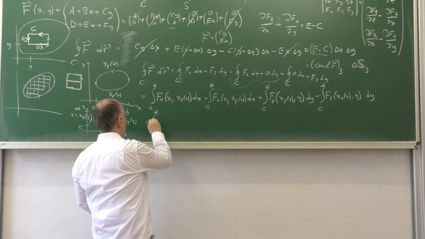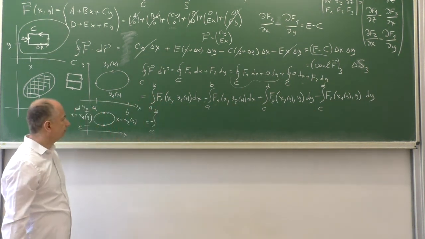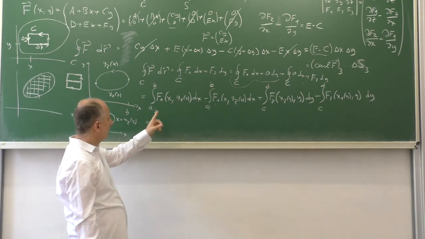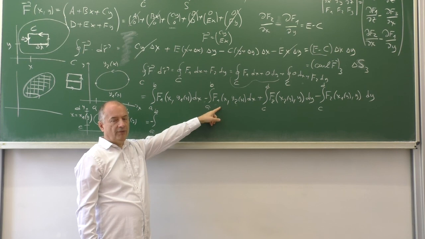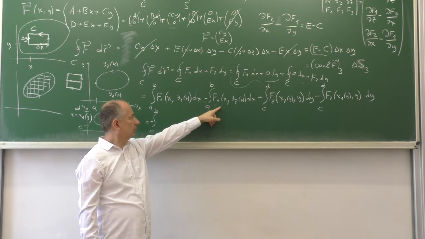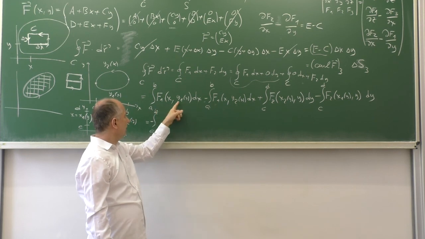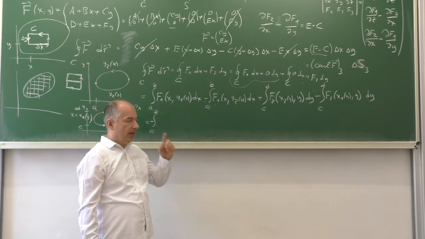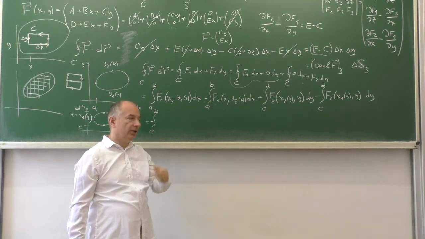And let's write minus, and we start with 2 minus 1. But a difference of two function values, f1 at y2 minus f1 at y1, can be written as an integral of the derivative.